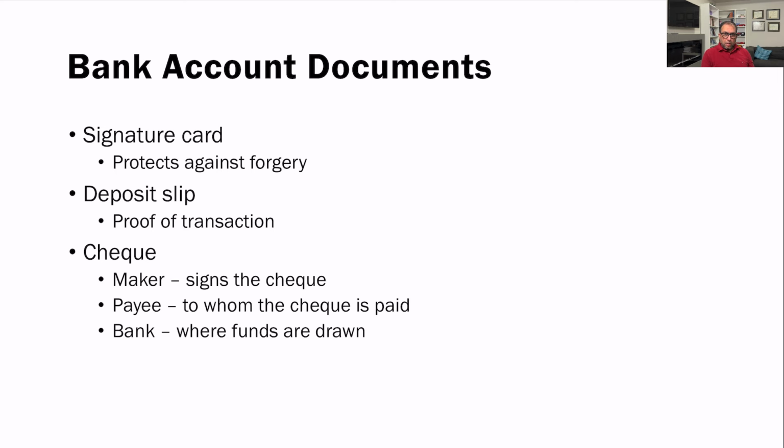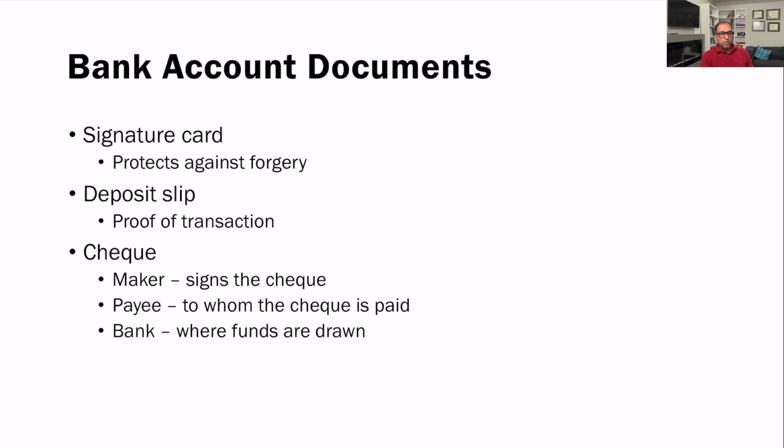A check is a written order by the account holder to the bank to pay. If we look at it this way, the signature card protects against forgery, deposit slips are proof of a transaction, and a check has three parties. One is the maker or signatory of the check, and the account holder has the right to operate their accounts, as do, in a corporation, designated second signatories.